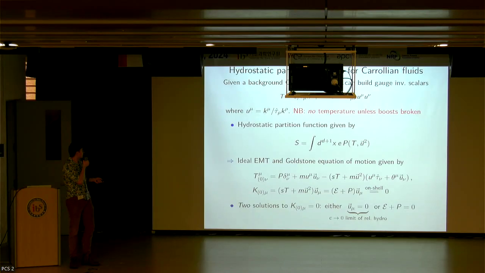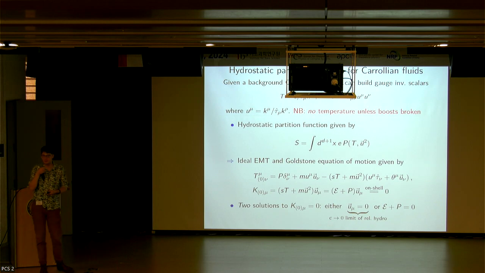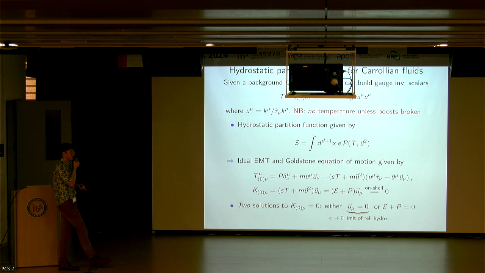Right, so to construct a hydrostatic partition function for a Carrollian fluid, which has this boost Goldstone, it's quite easy because it's exactly the same as what I showed you for the non-boost invariant fluids, because you have this effective Aristotelian structure. The only difference is that you now have this dynamical Goldstone that you must take into account. So you just do the standard thing.